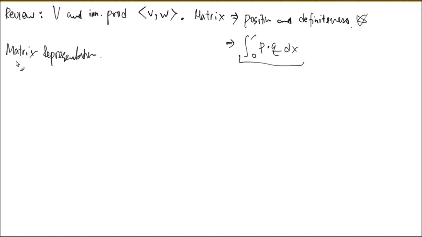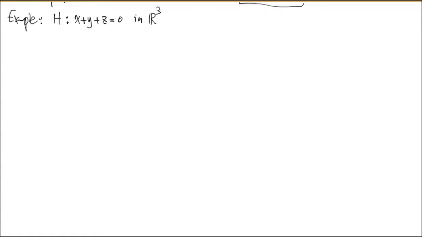This is a really fun part. And here's an example. H is x plus y plus z equals 0 sitting inside R3. Of course, you want to look at this H as a subspace, but can you just look at H as a vector space, not a subspace of R3?